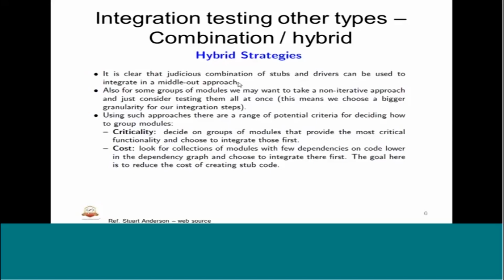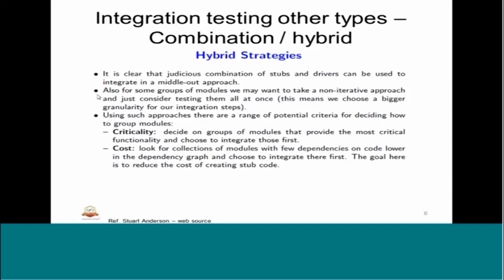Sometimes we may have to mix both based on the complexity and the kind of system that we are trying to test. So we need to take a judicious approach of combining these, based on the type of system. That is called the hybrid test strategy, which uses both.